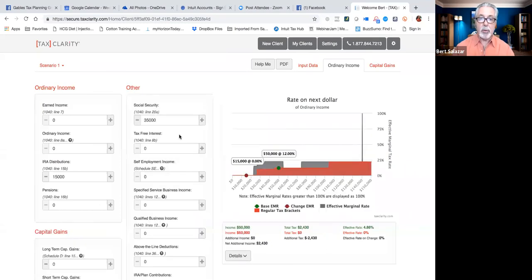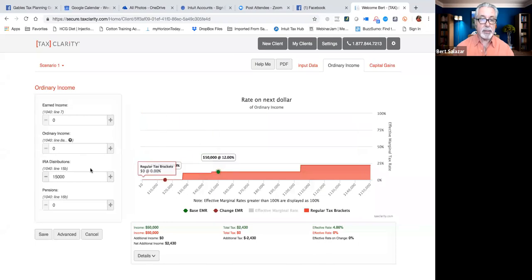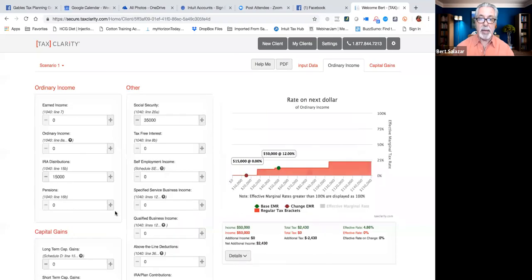Now, what you can see here is that the $50,000 of income coming in for these clients is based on $35,000 in this situation.